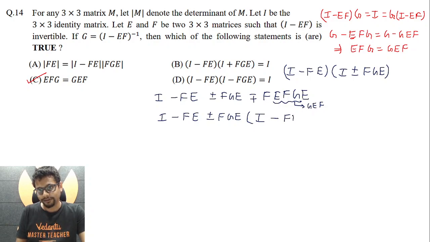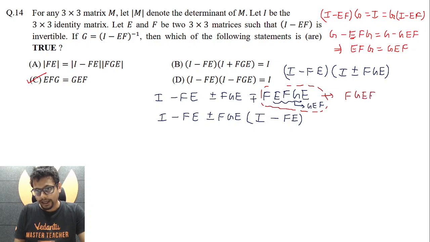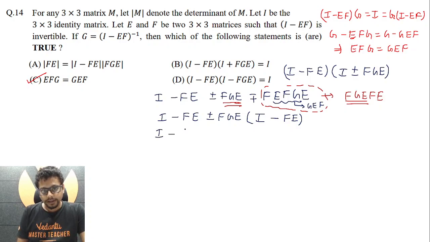So just to help you understand this expression, let me rewrite it as FGE, and the prefactor FGE I have taken common. Plus minus FGE when I take common becomes I, and since instead of plus minus here it is minus plus, when I take plus minus common it becomes minus, so I minus FE. Now here G is (I minus EF) inverse.